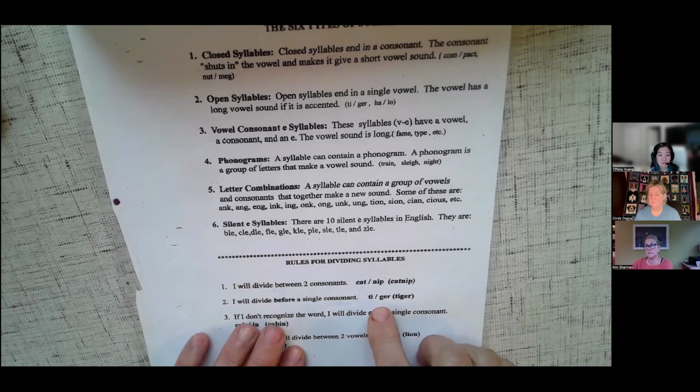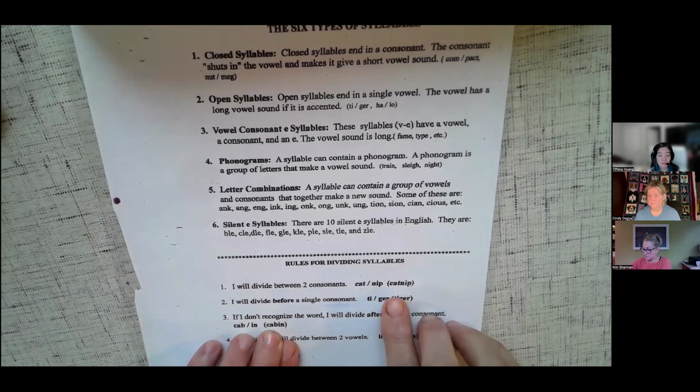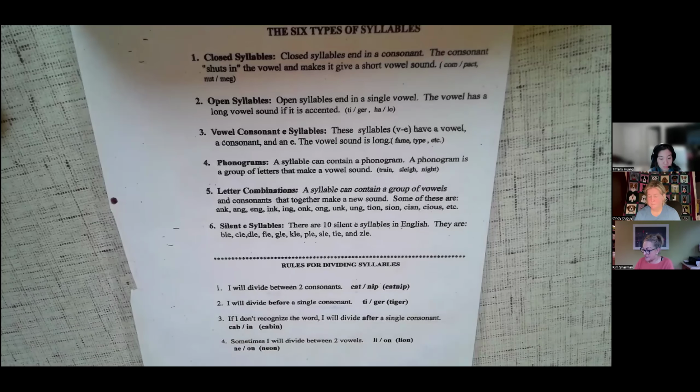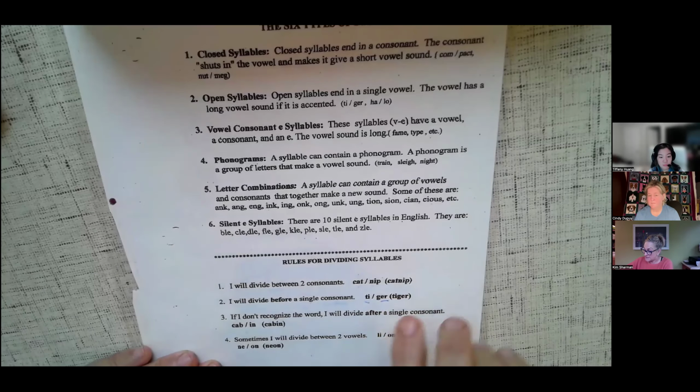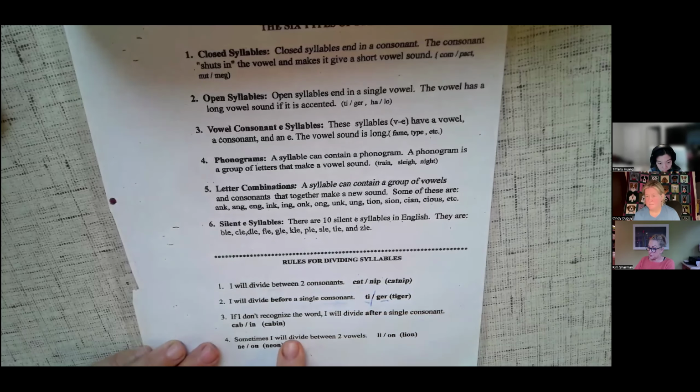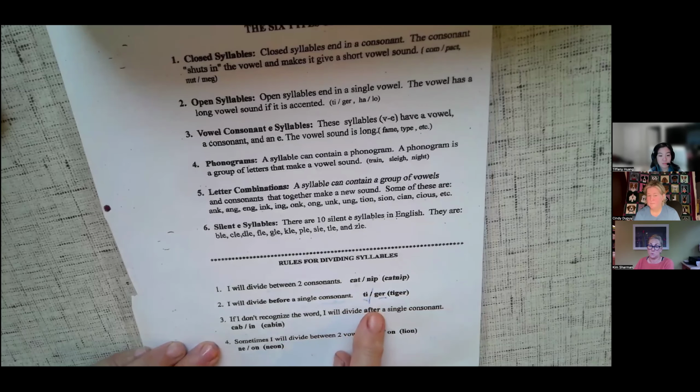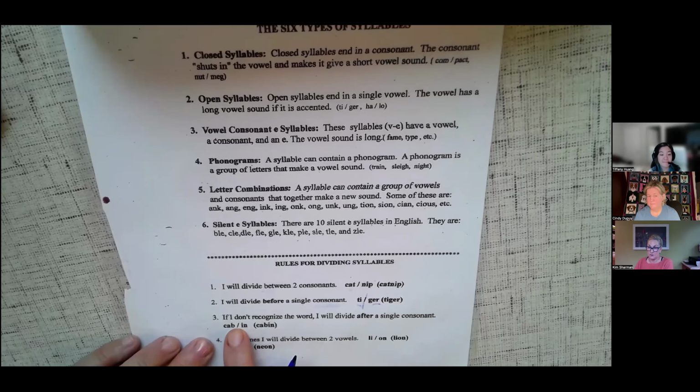The second and third rules are a little bit trickier, and this has to do with open syllables. The second is I will divide before a single consonant. So they would underline the I and the E R, and they see there's one consonant and they'll divide before. The third is if I don't recognize the word, and this doesn't happen as often, I will divide after a single consonant.